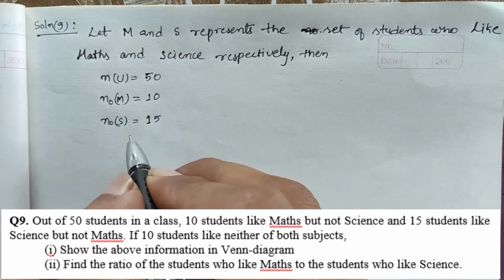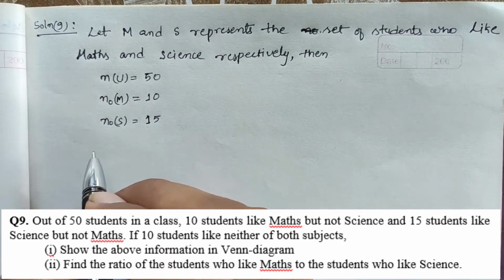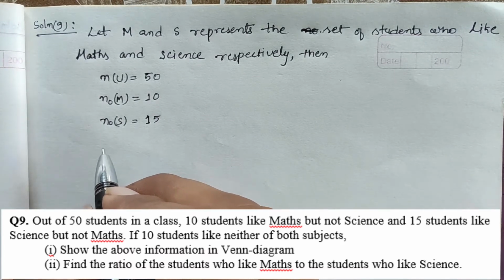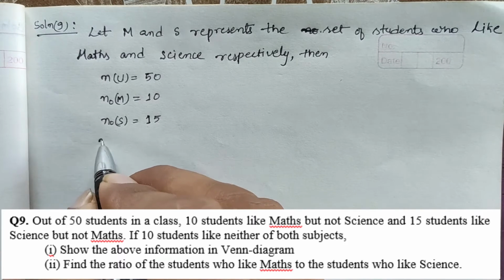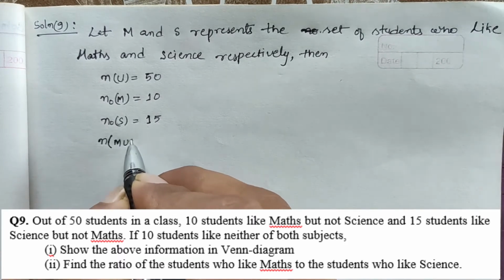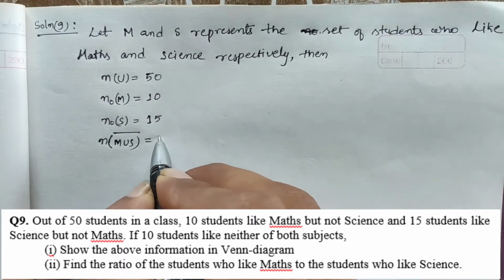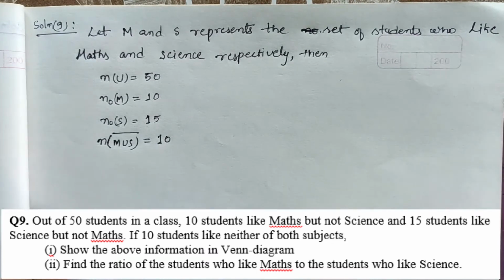And 10 students like neither of the subjects, meaning they are not liking any subject, so that is the complement, n of (M union S) complement, which is 10. So I will explain this from the Venn diagram also.